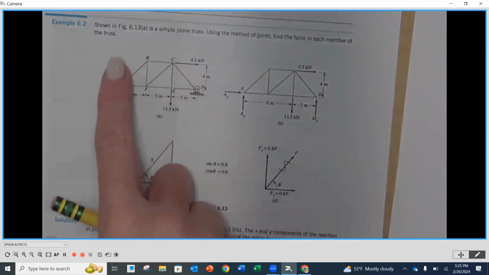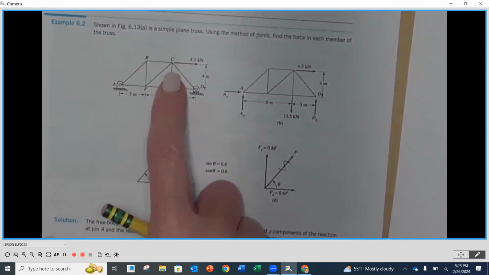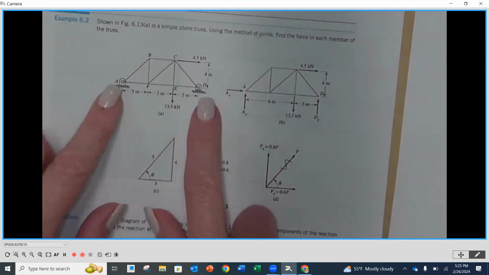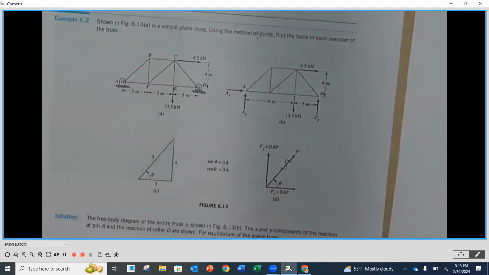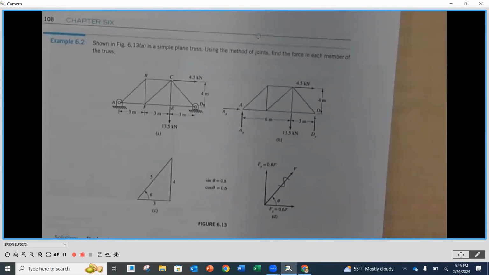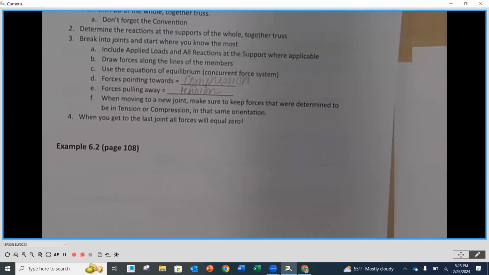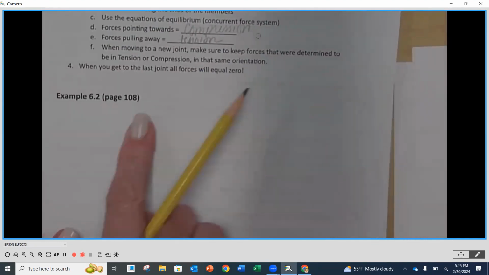So what I want you to do right now is to draw a free body diagram, but we're going to show all of the members, the points, the forces, but then replace the pin and the roller with the appropriate reactions that you would anticipate for each one of these spots, okay? Now, I am going to start here on page 2. I'm going to draw my free body diagram right here.